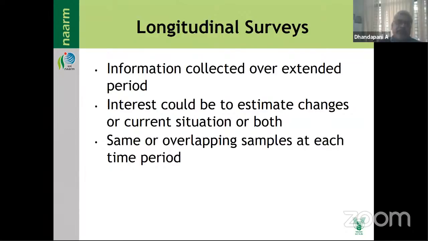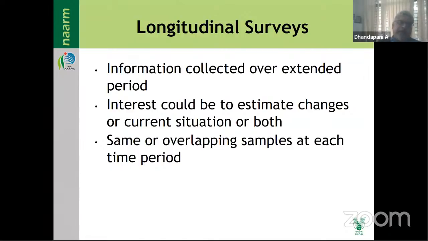Another example I can quote is the surveys conducted by, say, the Bureau of Labor Statistics, such as the unemployment rate, and some of the surveys conducted by NSSO. The basic difference between a cross-sectional survey and a longitudinal survey is that sometimes some of the sample will be overlapped.